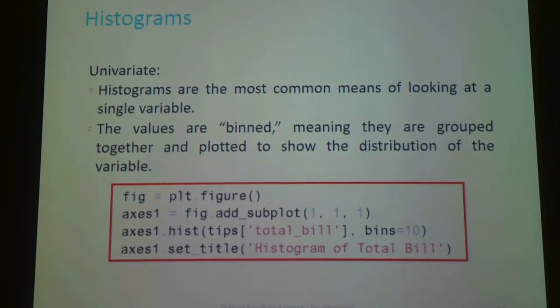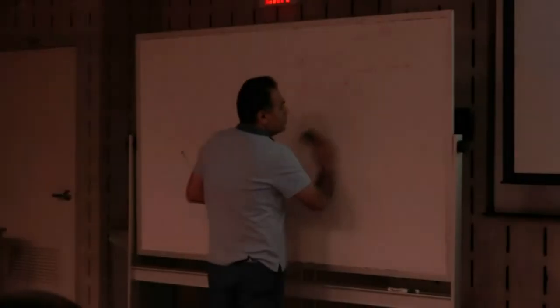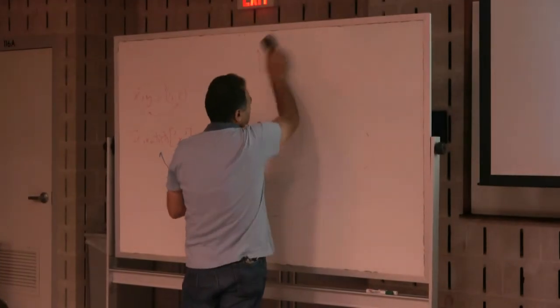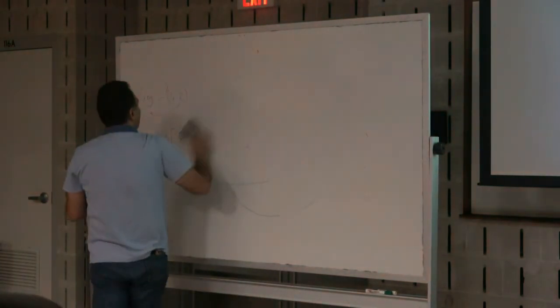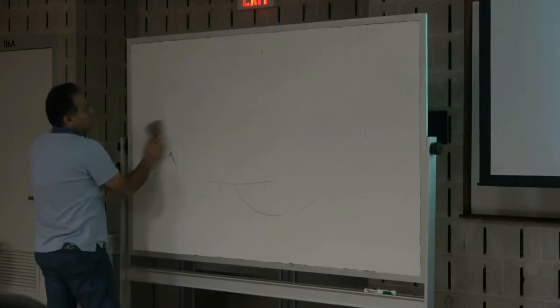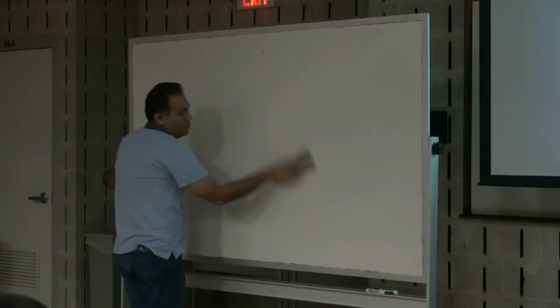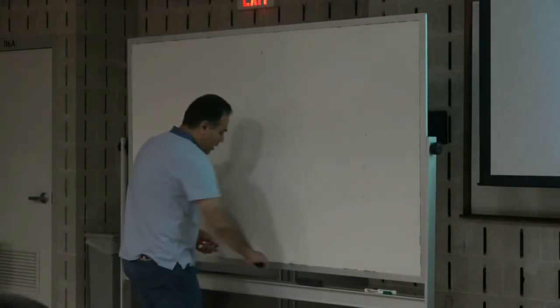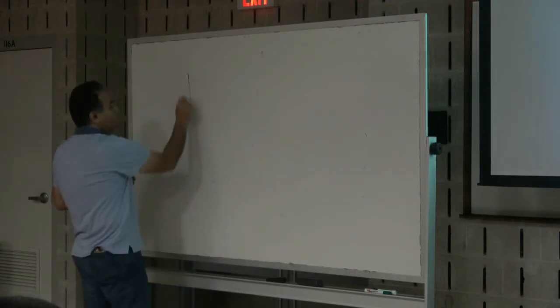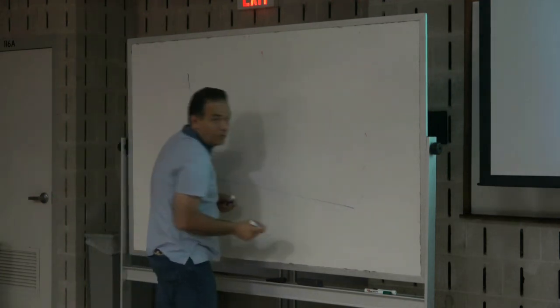So, histogram, what is a histogram? It is univariate. You know what a histogram is, right? It's like bins. You have the data like this, and you could create bins.